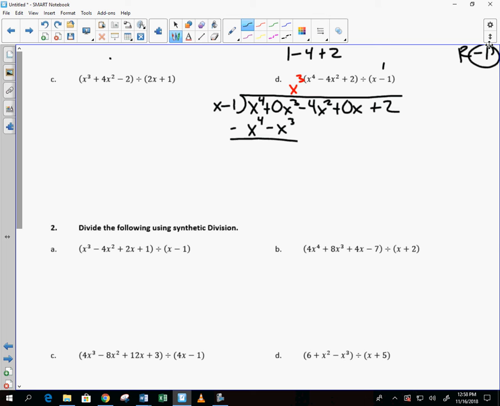See how the x to the 4ths go away? 0x cubed minus negative x cubed, positive 1x cubed. I have a binomial, so I'm going to bring down my second term. What do you multiply x by to get x cubed? X squared.